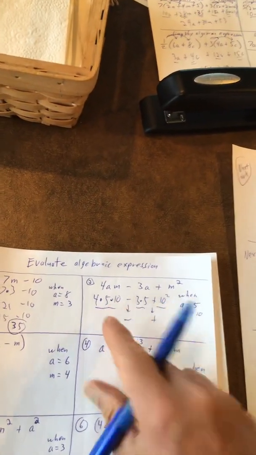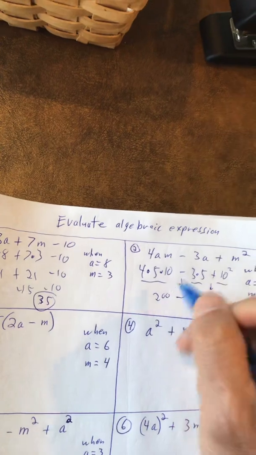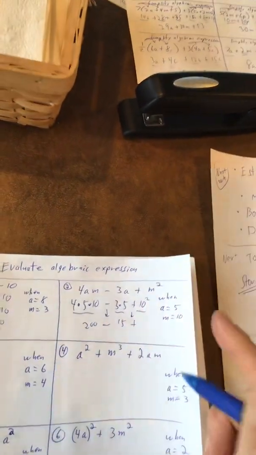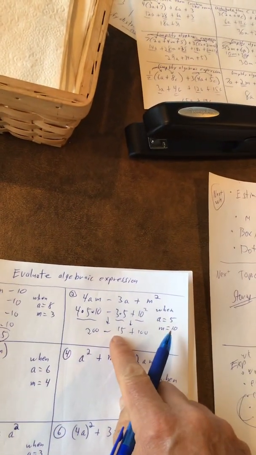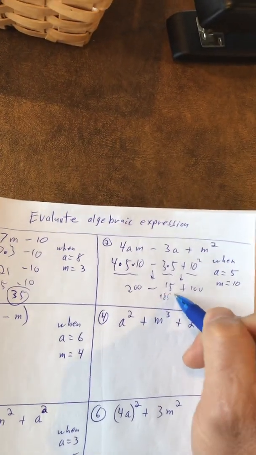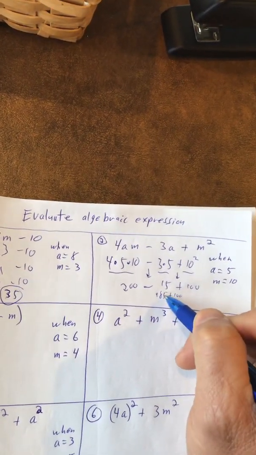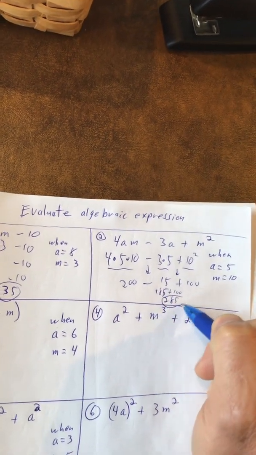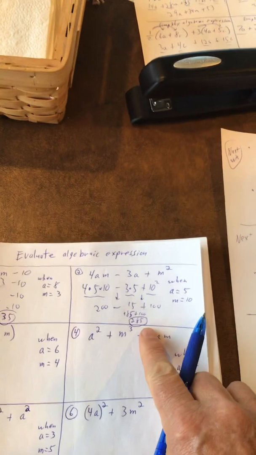Anyways, 20 times 10, this is 200, and that's going to be 15. And 10 squared is 100. And so that's going to be 185. Plus 100 adds up to 285. That's my answer.